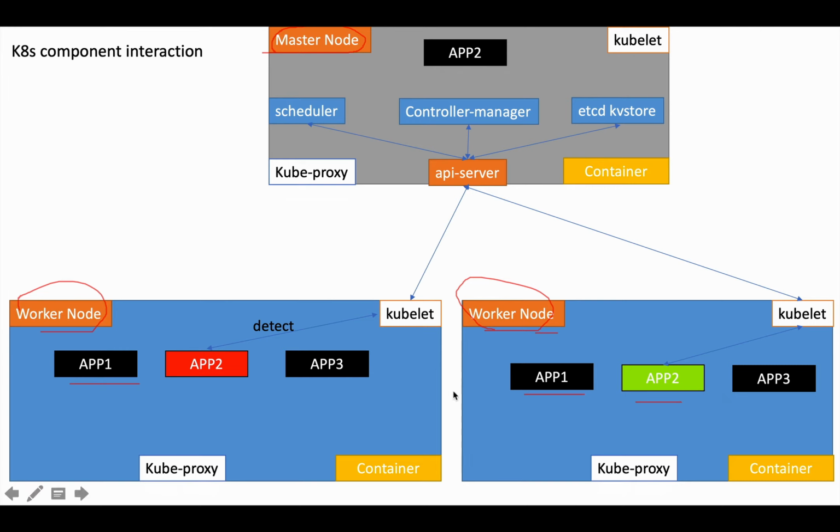Now the workloads are distributed in different factories, and they can be accessed through the kube proxy. We consider it as the guard.